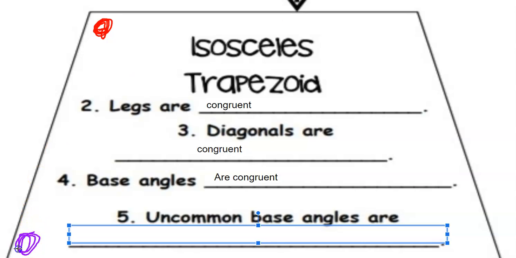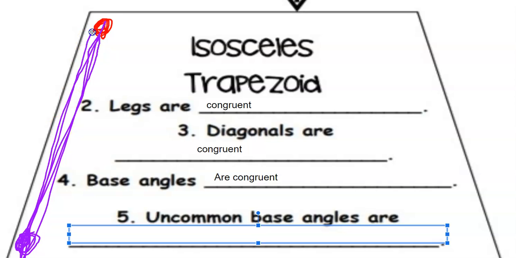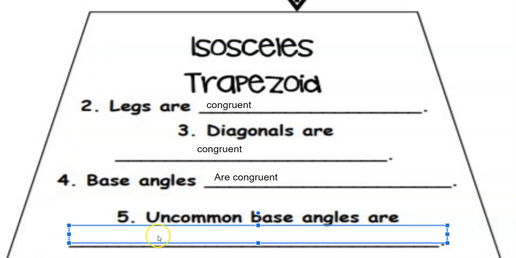This one down here. They're calling that uncommon base angles. We have another name for that, so why would we want to call it something weird? Those are consecutive interior angles. Remember, whenever you have parallel lines, same side interior angles or consecutive interior angles are what? Supplementary.